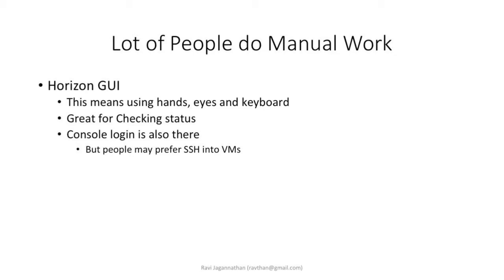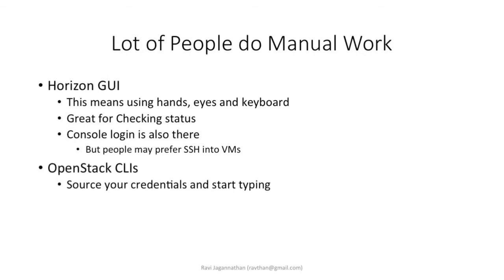However, if you're a programmer or a programming manager who wants to be hands-on, then it's good to know some of the internal details of how it's done. If you are using a CLI, I'll just go through it briefly. You can get your credentials sourced in environment variables, and then you can start typing the OpenStack CLI commands, whatever that may be.